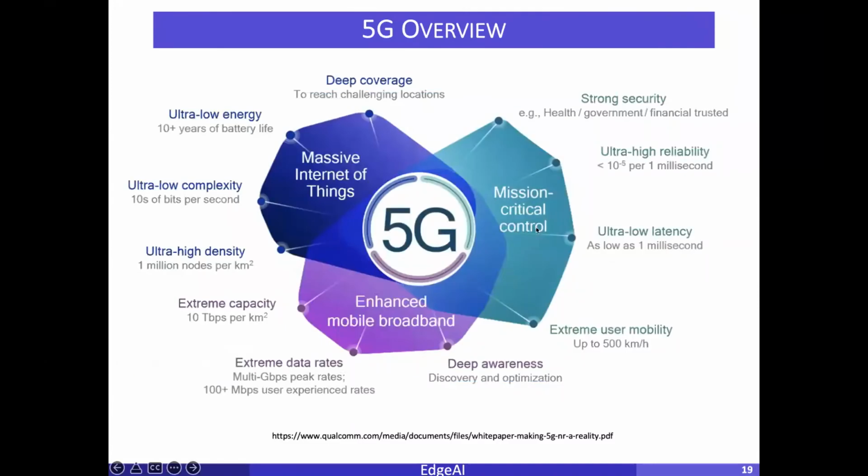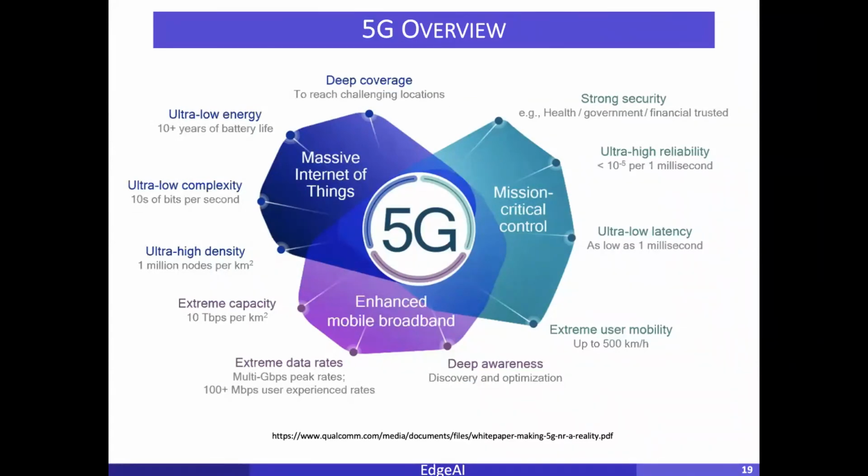What 5G does is support massive Internet of Things, massive critical control, and mobile broadband, right? You have better bandwidth, and in terms of battery usage and latency, it is really good.